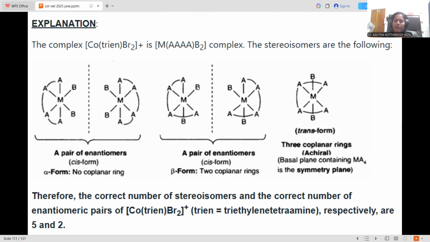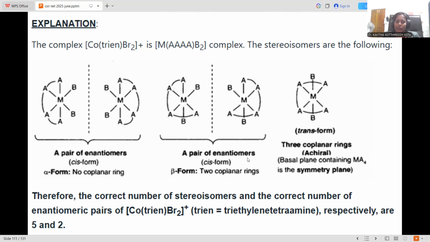If the ligand is at a right angle around the metal, that is said to be an axial bond. Again, it is an octahedral complex. Let me represent its mirror image. When these two mirror images are represented, you get an enantiomeric pair. These two are called enantiomers only.